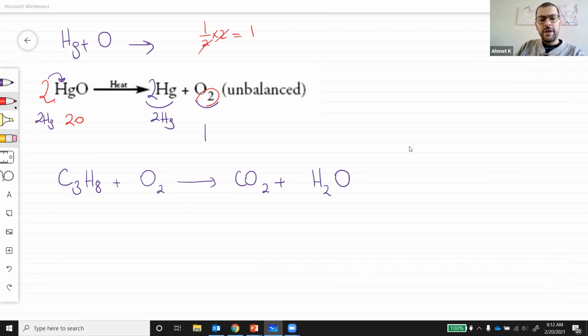So how many carbon do you have here on the reactant side? 3, right? So over here, when you come here, you need to also have 3 carbon. And how many carbon do you have here now? Only 1, right? So what do I need to do?